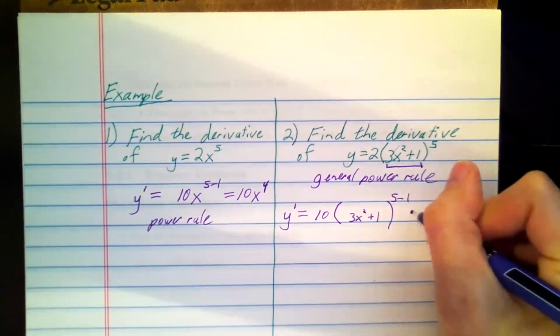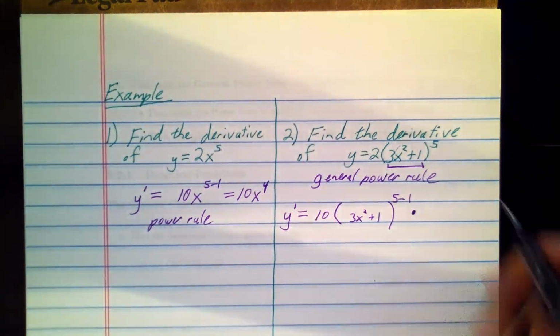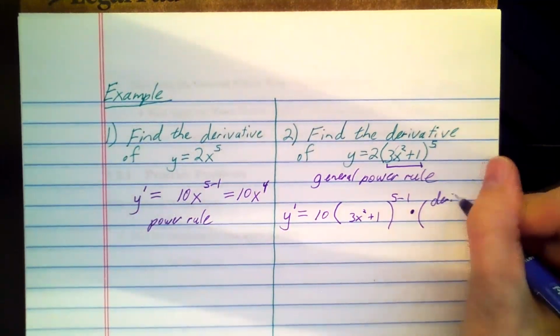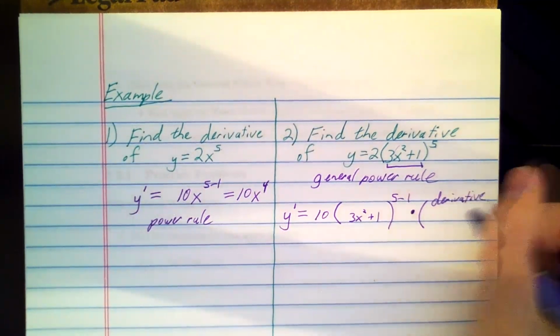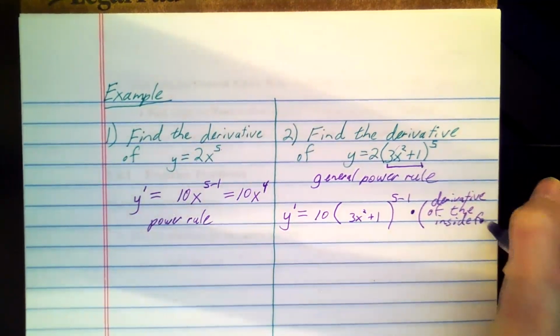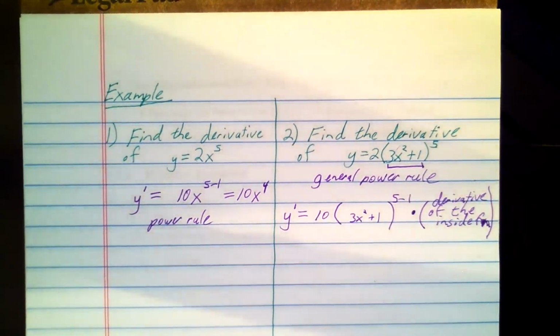The part that's new, that I have to remember not to forget, is I have to multiply by the derivative of the inside function. I'm going to write f in here to abbreviate function. Derivative of the inside function.